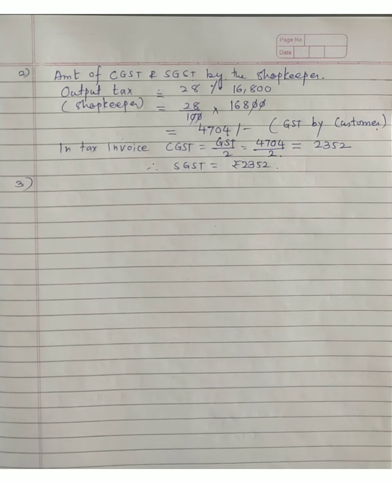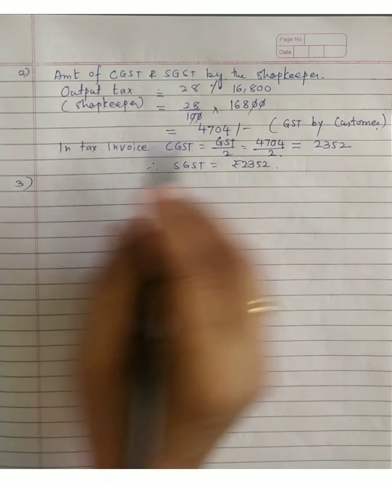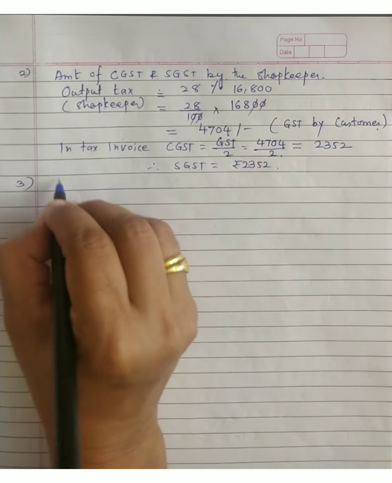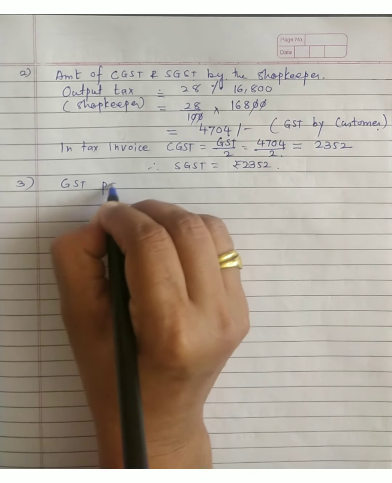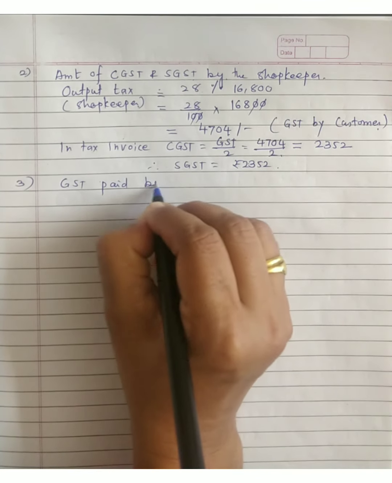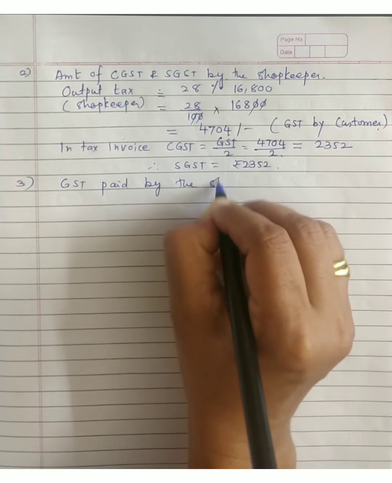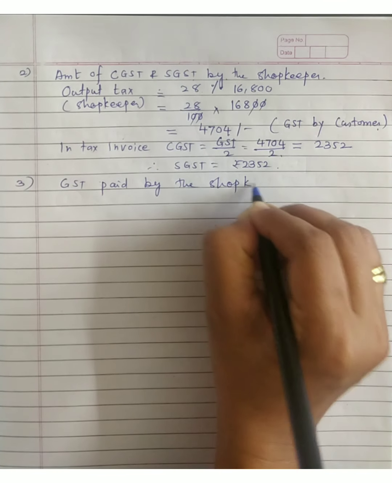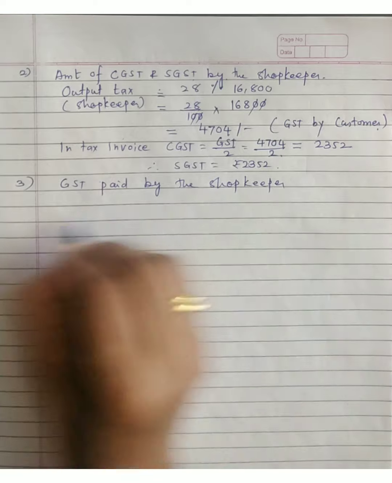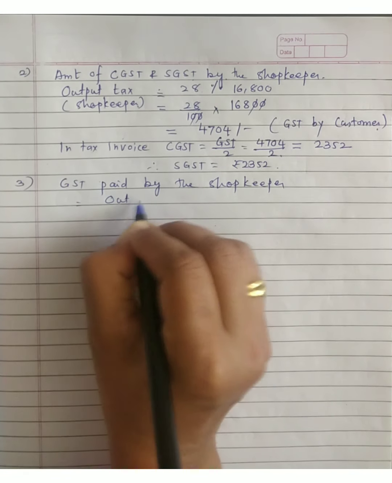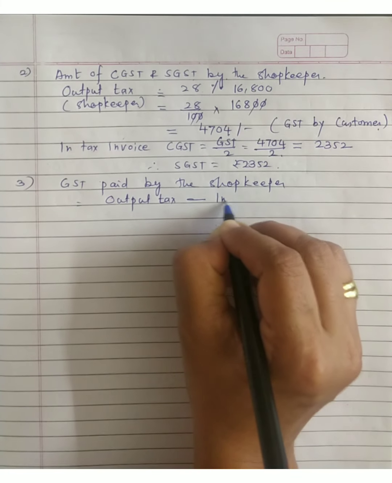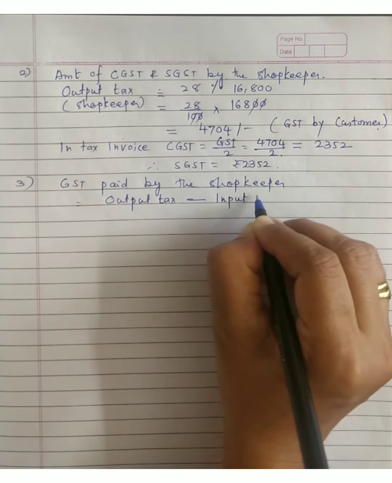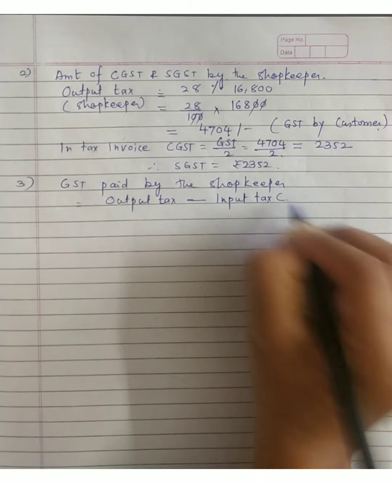Now the third part, what we have to calculate here is the CGST and SGST payable by the shopkeeper at the time when he is filing the return. So GST paid by the shopkeeper to the government will be his output tax minus his input tax credit.